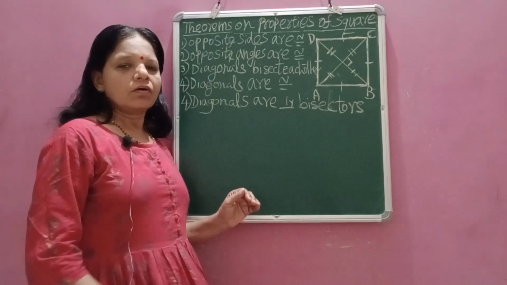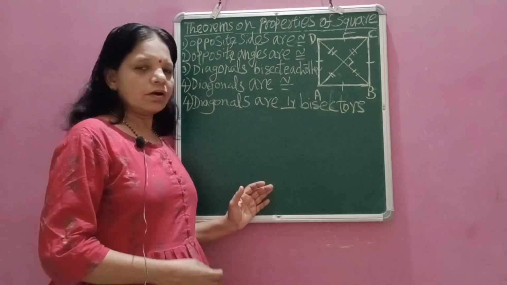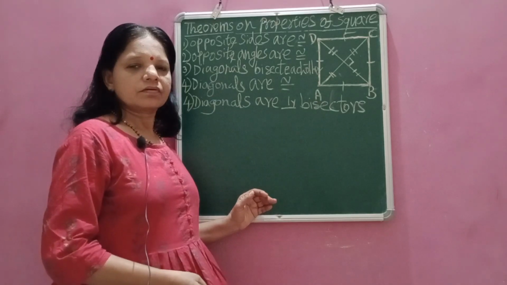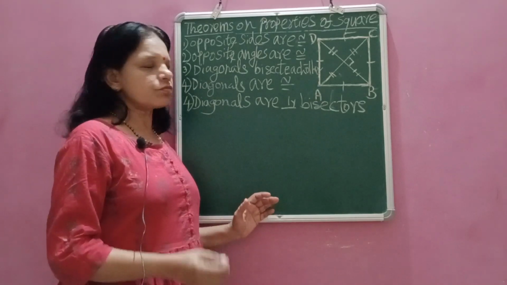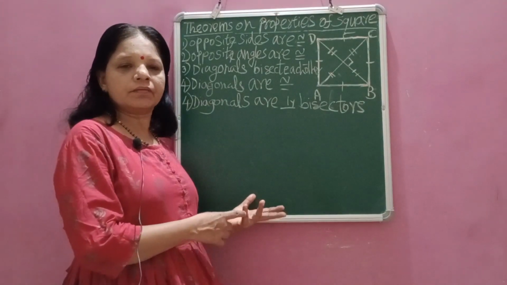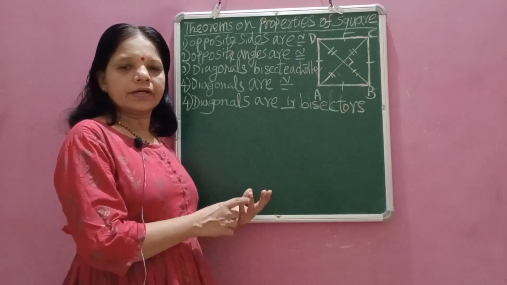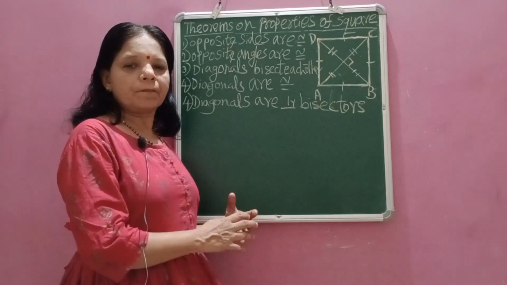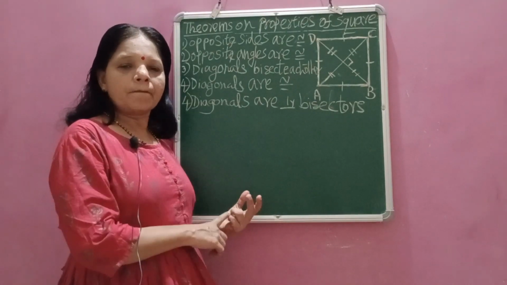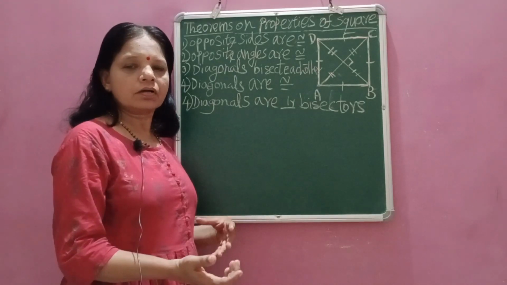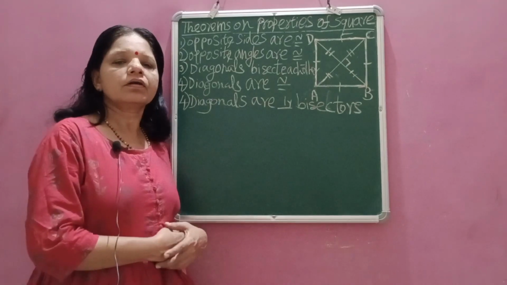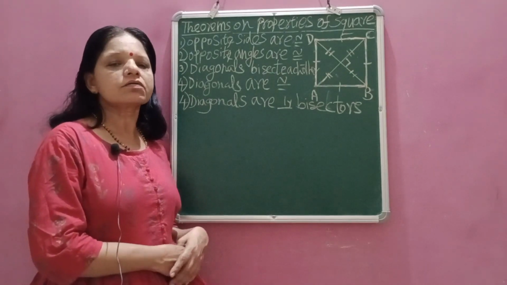Because all the properties of square are not satisfied for rhombus, parallelogram, rectangle, etc. But all the properties of parallelogram, rectangles, rhombus are applicable for square. Therefore, the converses of these properties are not applicable for square.